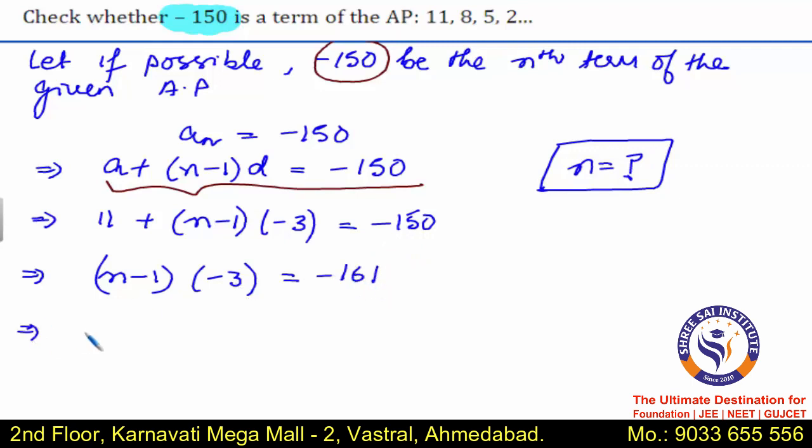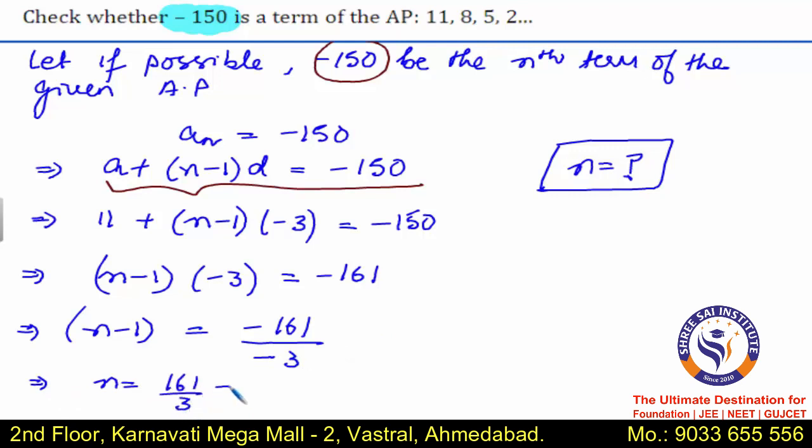This further implies that n minus 1 is equal to minus 161 divided by minus 3. This further implies that n is equal to 161 divided by 3 plus 1, which is equal to 164 by 3, and this can further be written as 54 and 2 upon 3.